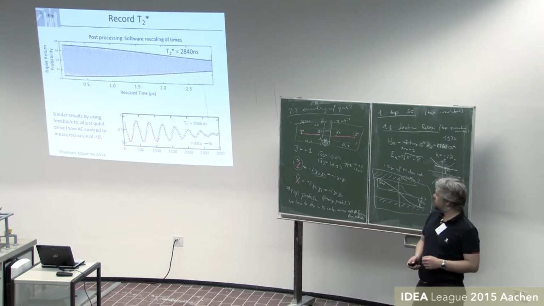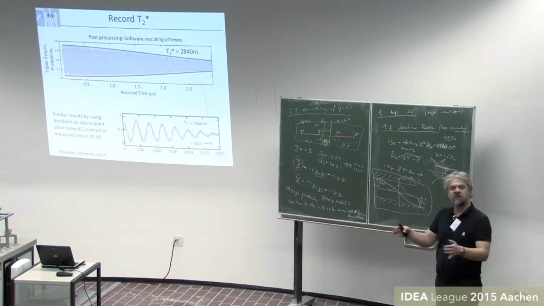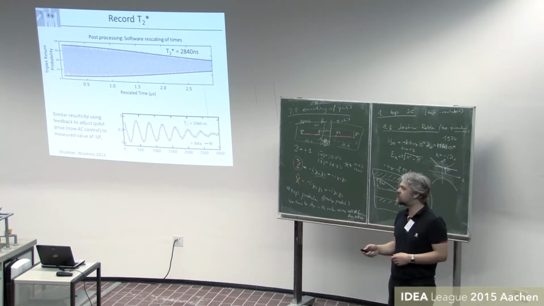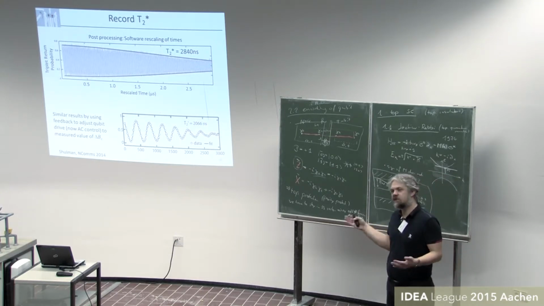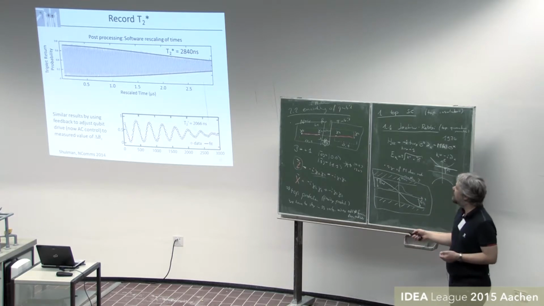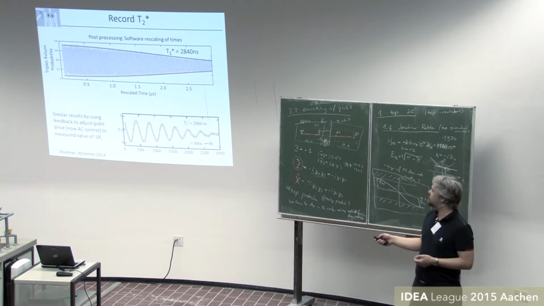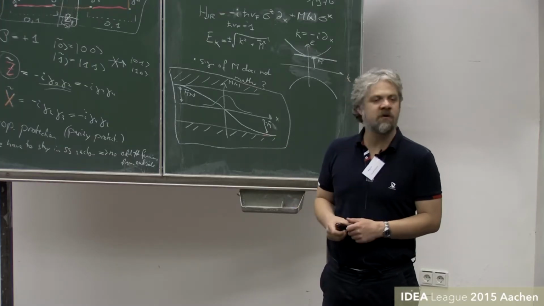So what can one do with that? If you now take your T2 star measurements, or your free induction decay measurements, happening on average, taking many repetitions over some extended time, and in each measurement rescale the time axis according to the currently measured, best estimate of the nuclear hyperfine field.